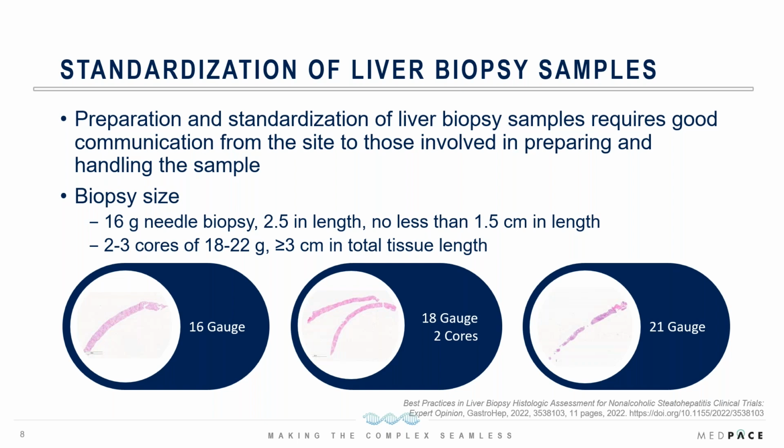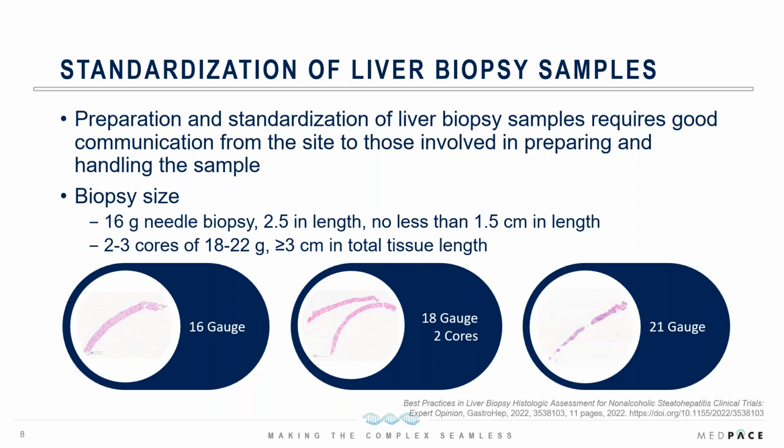So the question then becomes, what's the best or preferred biopsy specimen for a MASH study? There is a publication from 2022 where a group of gastroenterologists and MASH pathologists published an article on the best practices for the handling, processing, and what they felt was an adequate liver biopsy for a MASH clinical trial. From that paper, the recommended biopsy size is to use a 16-gauge needle biopsy.